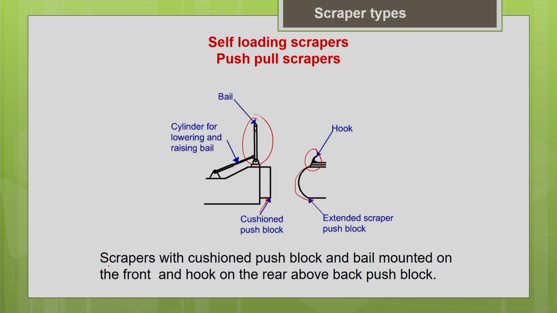So the scrapers are provided with a cushion push block and a bail mounted on the front. Each scraper will have a bail mounted on the front, and there will be a hook on the rear end, so that it can facilitate coupling of scrapers. So this hook and bail mechanism can easily facilitate the coupling of two scrapers.